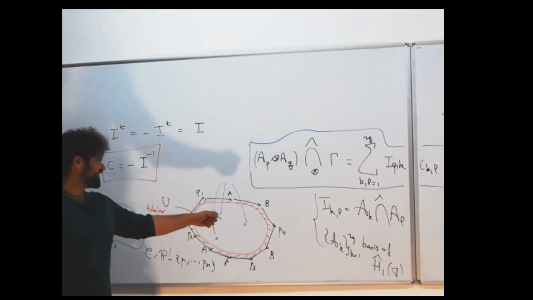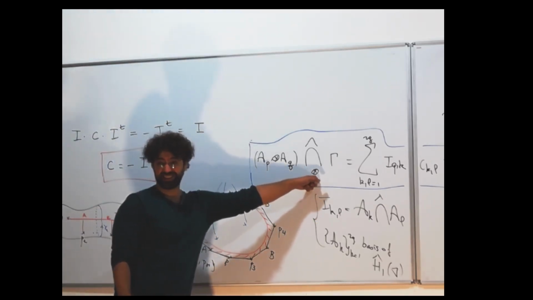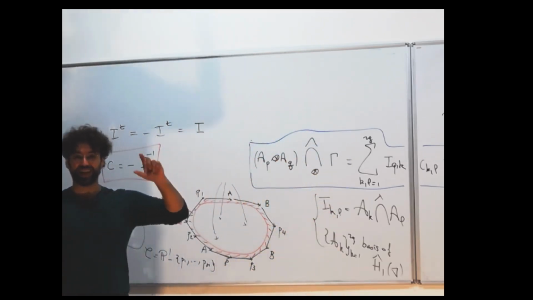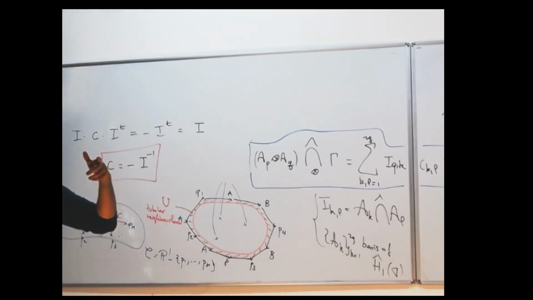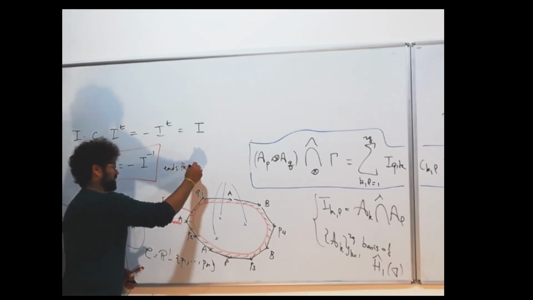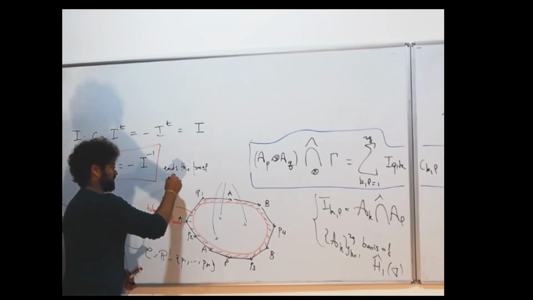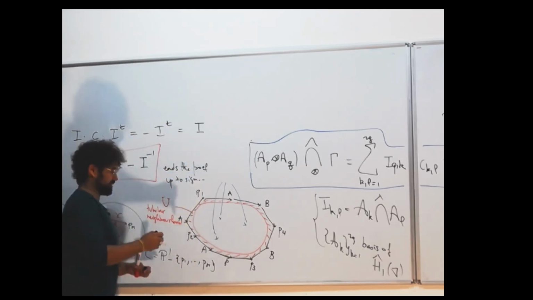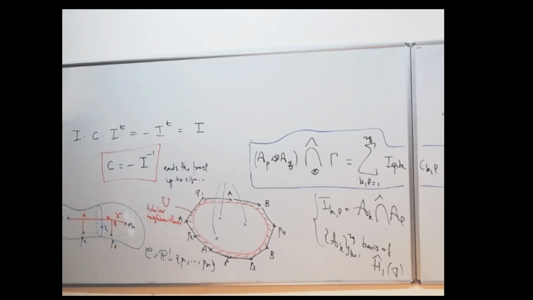Right, so the key is that intersection product on the tensor squared of H1. Questions?